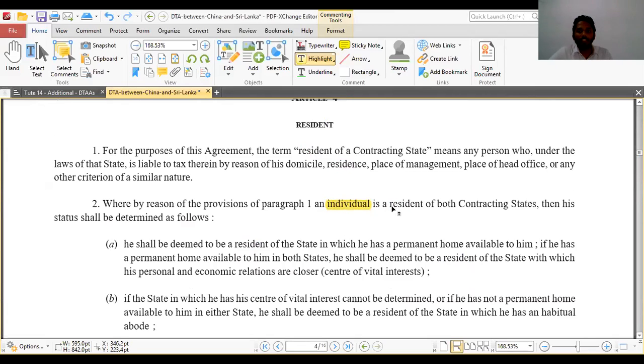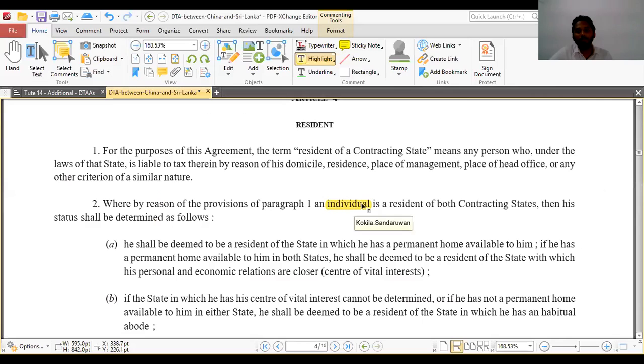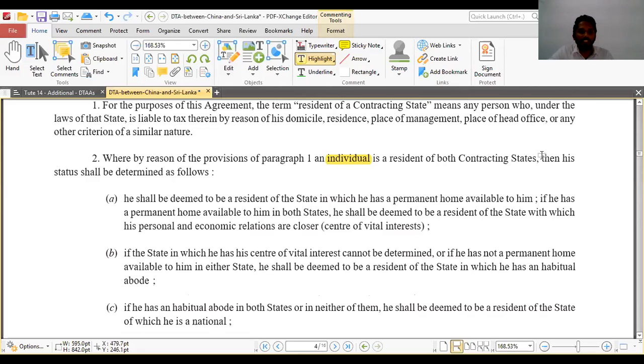In the case of an individual who is a resident of both contracting states, because let's say they have a permanent home available in Sri Lanka as well as China, or maybe India, then the status shall be determined as follows.